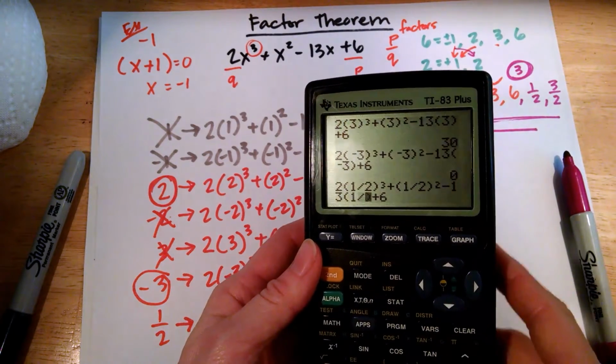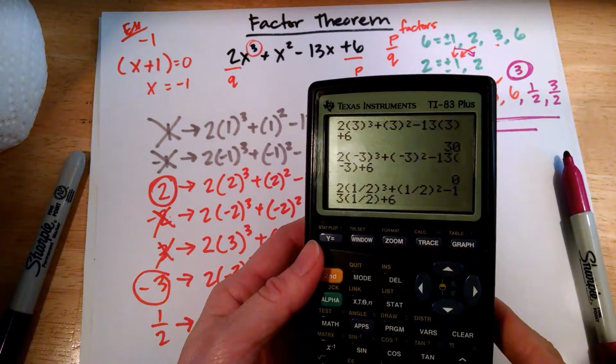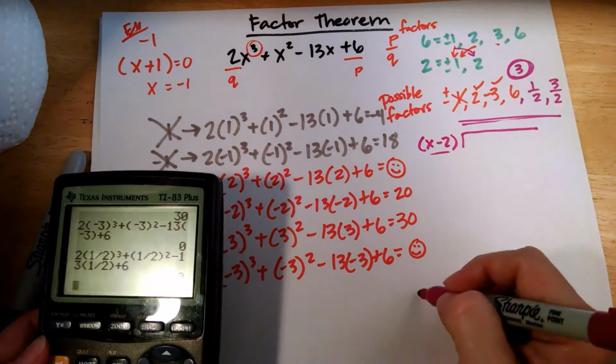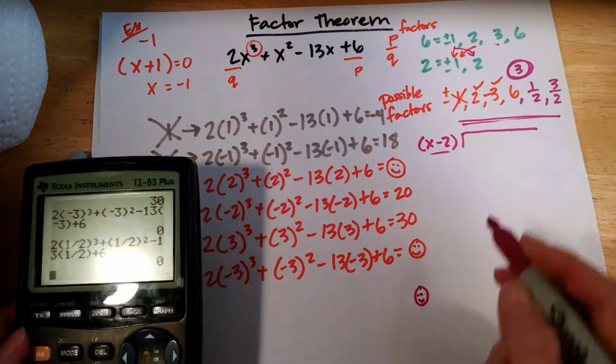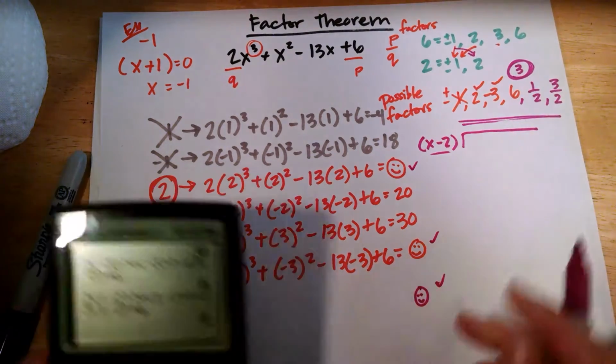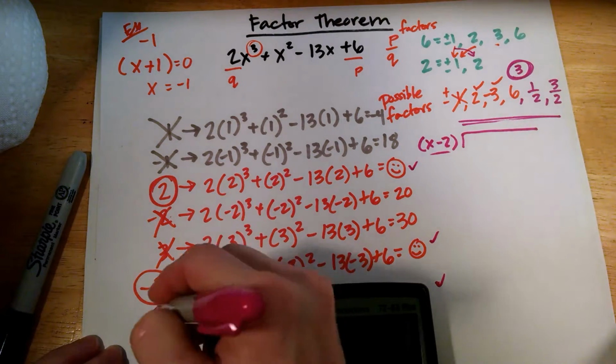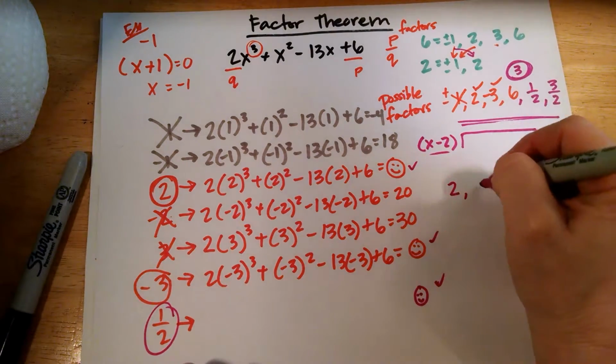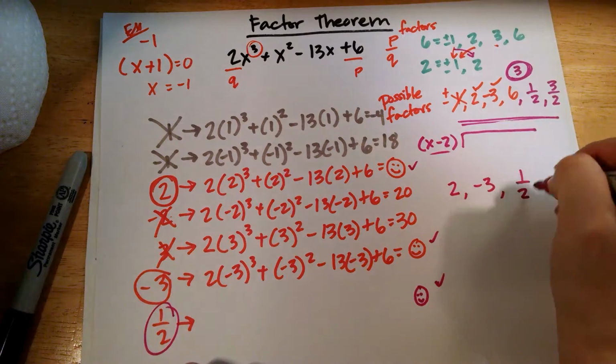And then 1/, second insert, 2. It's 0! Okay, look, I have 3 components. So the numbers that worked, as far as our possible factors, were 2, negative 3, and 1/2.